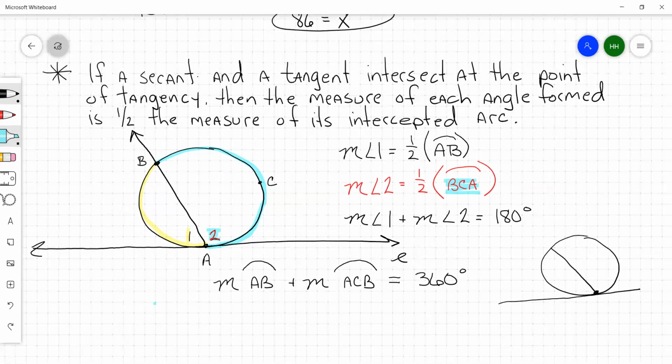Doesn't matter if this segment goes through the circle or if it stops right here on the circle, does it? Still got two arcs, still got two angles, all the same rules. Rules still apply.